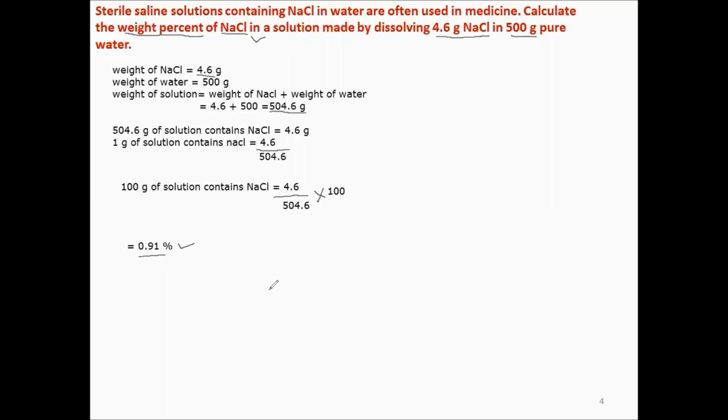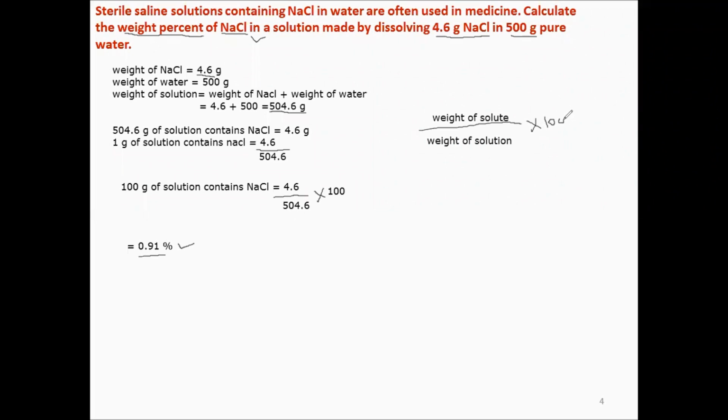So that's how we can solve the numerical. Similarly, you can also calculate it by applying the formula. The formula states that weight of solute divided by weight of solution, and mind it, both have to be in grams, multiplied by 100.